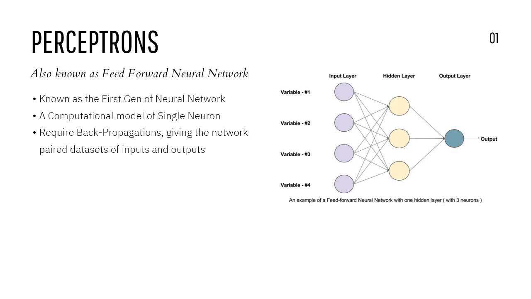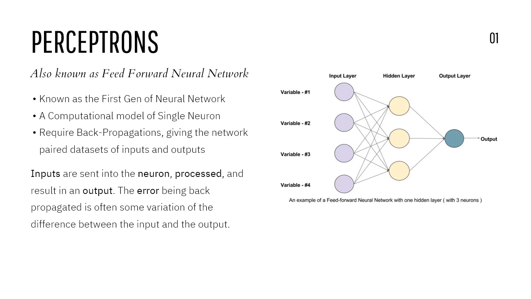These perceptrons require backpropagation in the computational procedure, so we should give the network paired datasets of inputs and outputs, and let the perceptron learn and make decisions from the dataset.